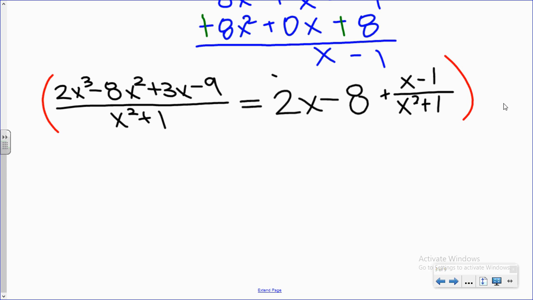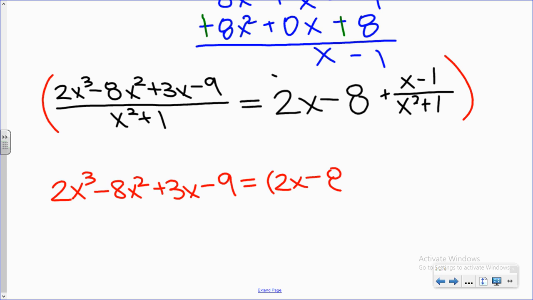So we would have our function equals the quotient times divisor plus our remainder. And it gives us a nice polynomial instead of all of these fractions.